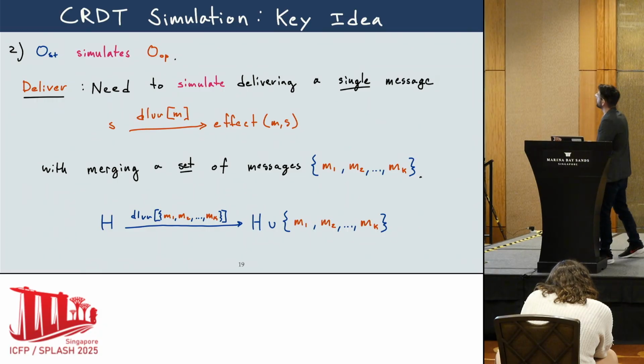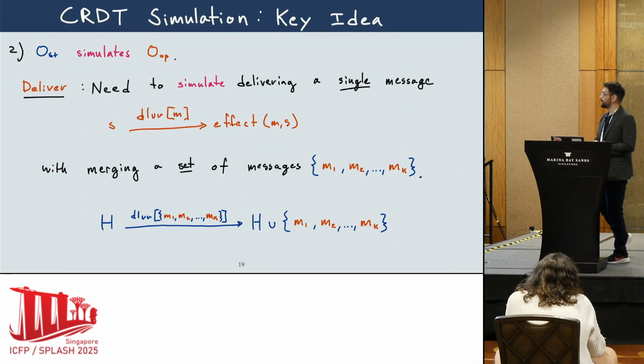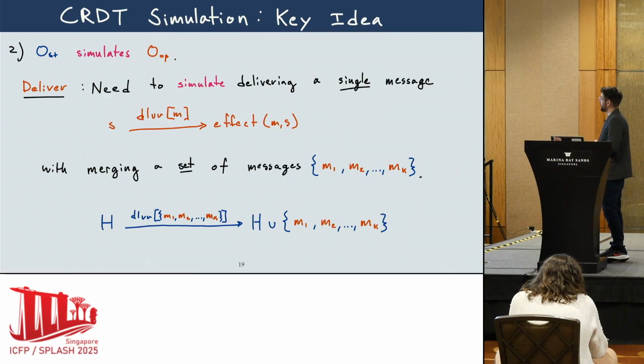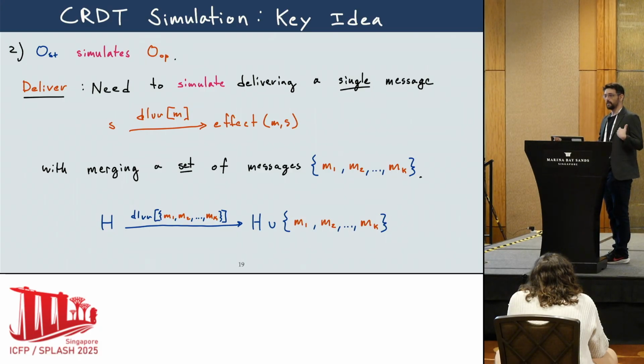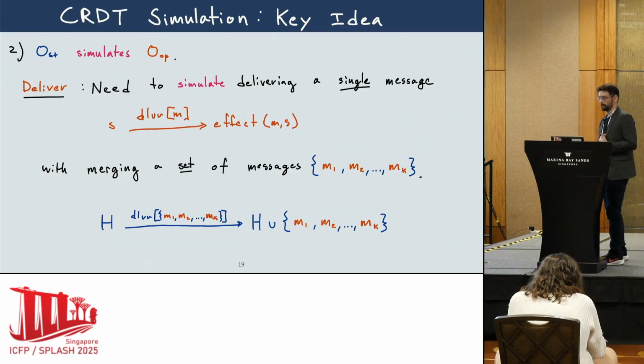The somewhat more interesting direction of the simulation is showing how the state-based CRDT simulates the op-based one. And again, we're looking at how delivery of messages works. So suppose the op-based CRDT delivers a single message, M. The state-based CRDT can only merge a set of messages. So we need to simulate the delivery of one message by merging a set of messages.